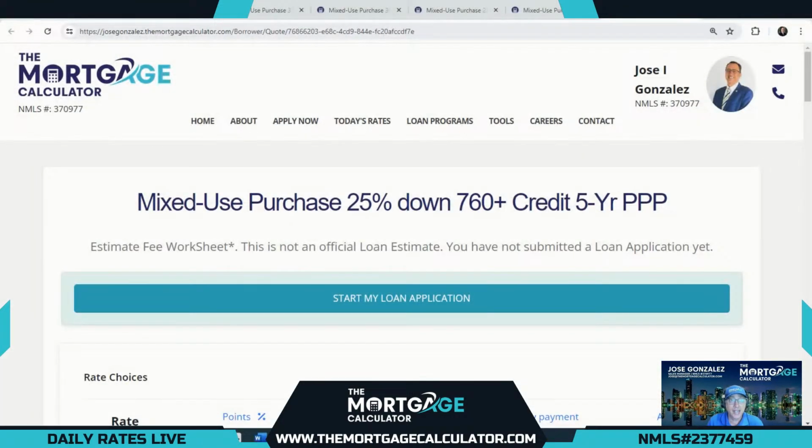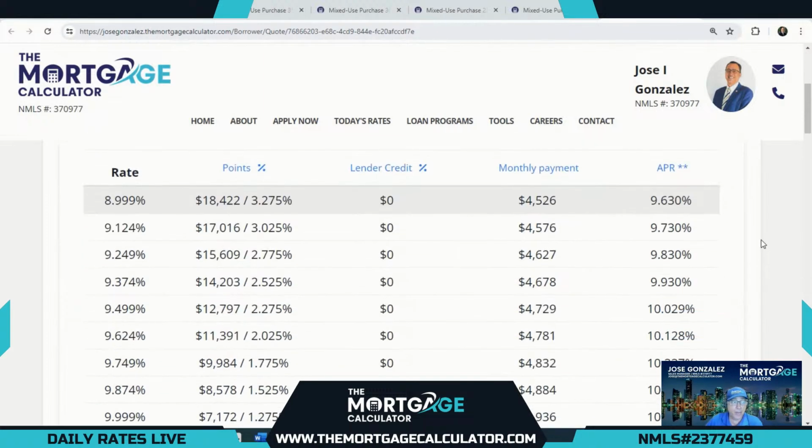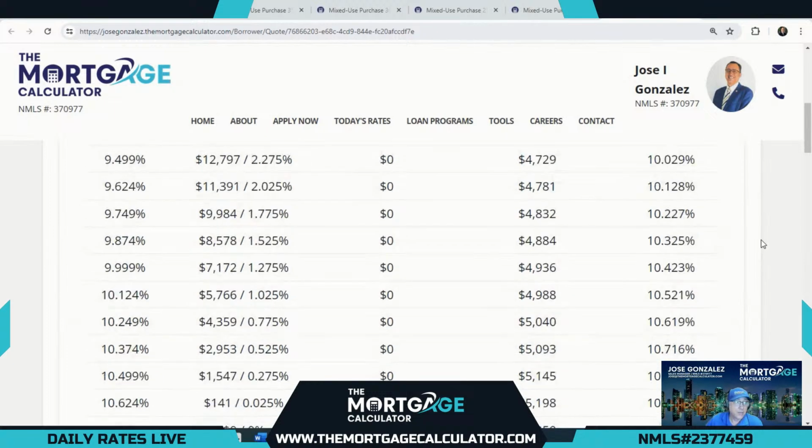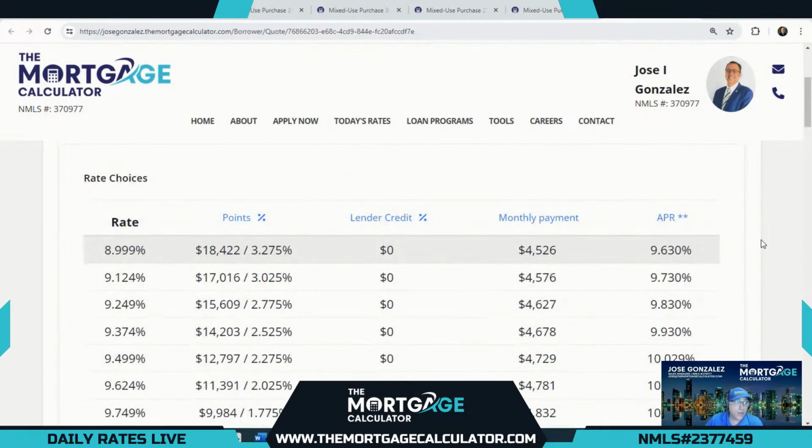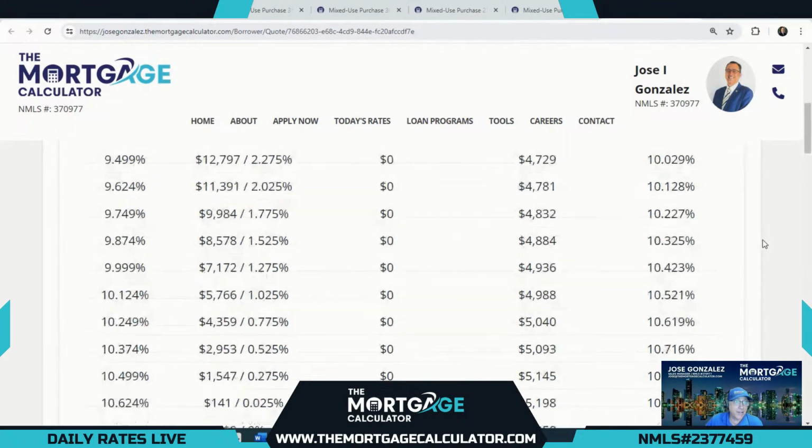Now, this is a maximum 75% loan to value, always max on this. And I am running these scenarios with a 5-year prepay because this loan option does require a 5-year prepayment penalty. So this is at our top tier credit, 760 and above.